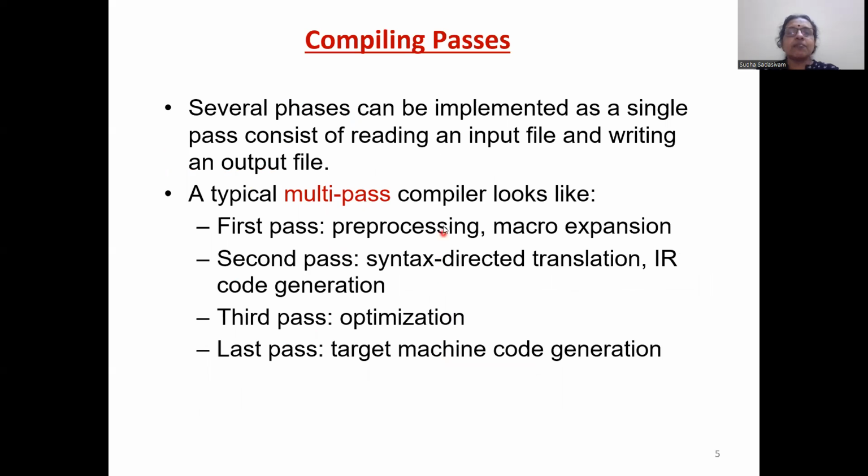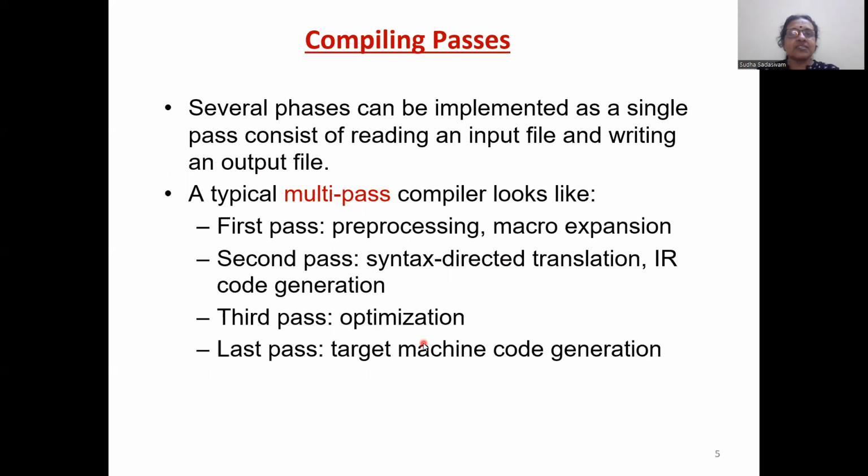If you consider the compilation passes in a multipass compiler, this is how it is organized. In the first pass, all the pre-processing and macro processing will take place. In the second pass, syntax directed translation and intermediate code generation will take place.